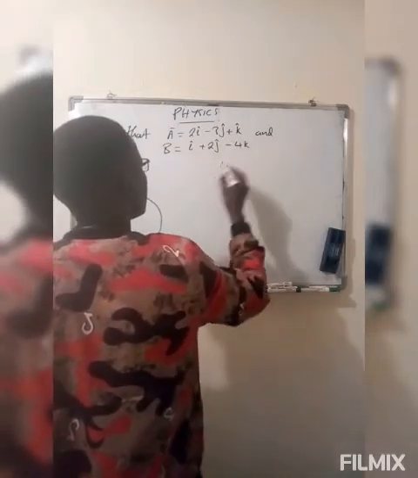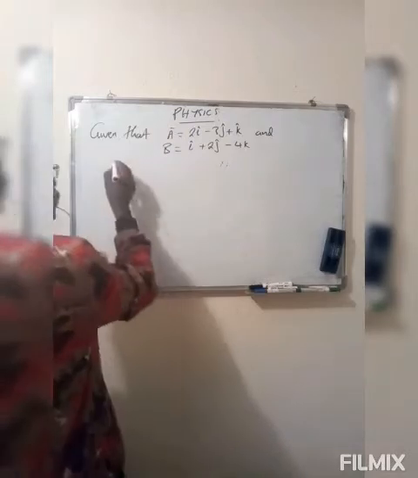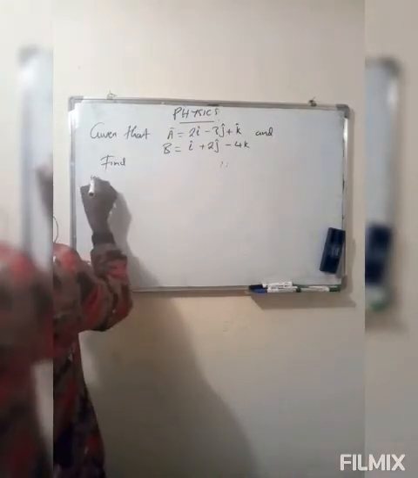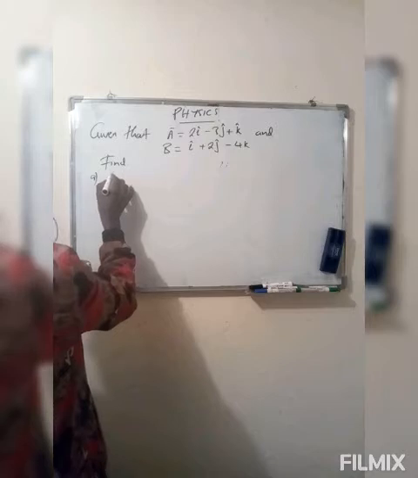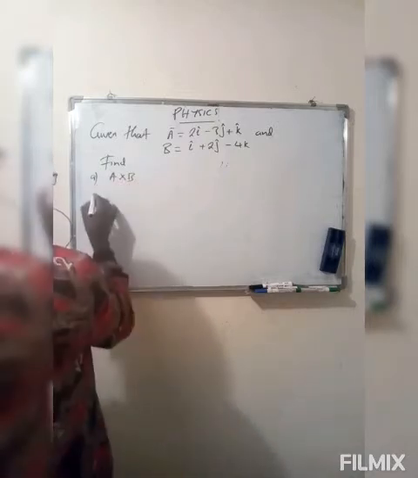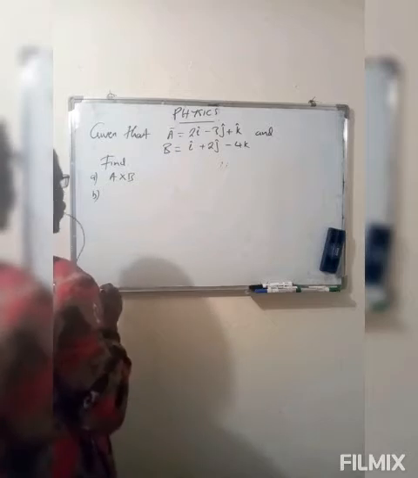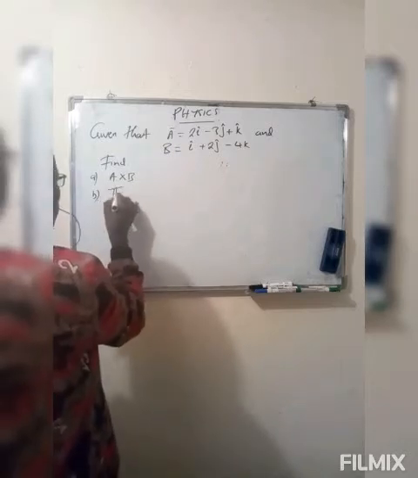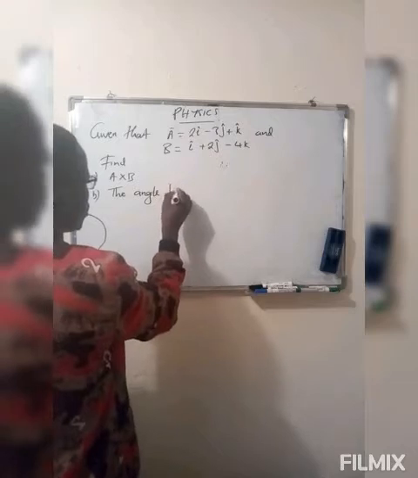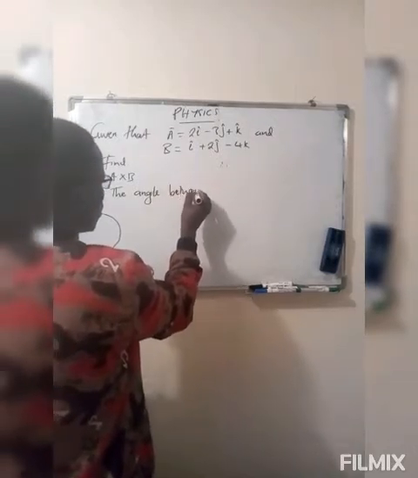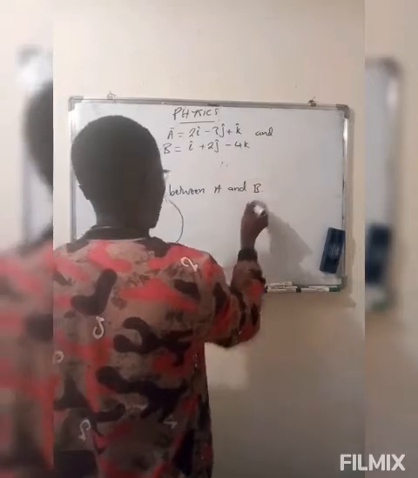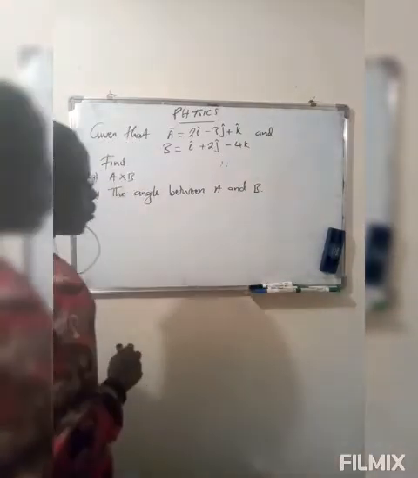All right. Then we say find A multiplied by B, and then we find the angle between A and B. Okay, so we want to find the angle between A and B.